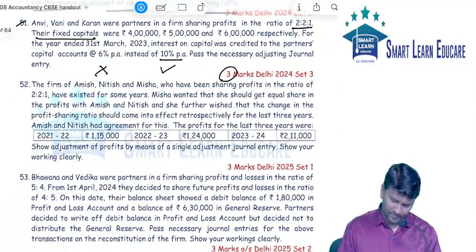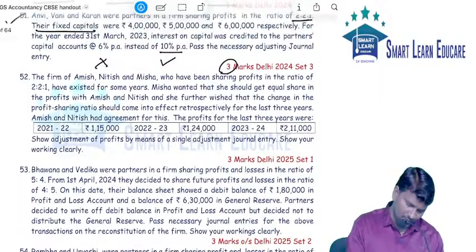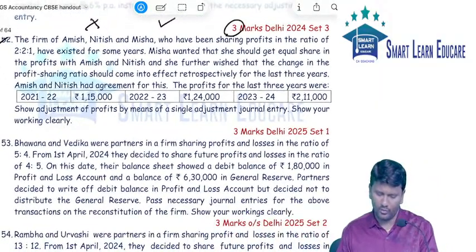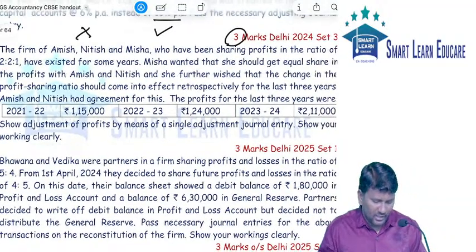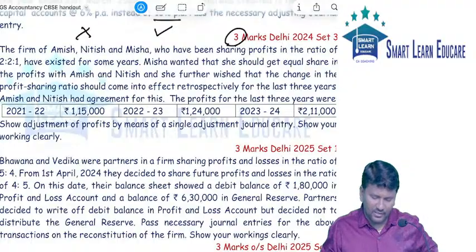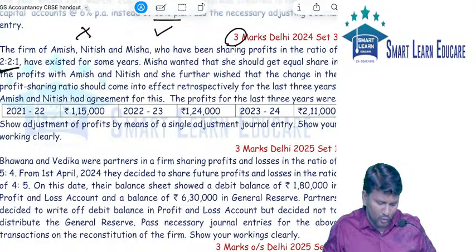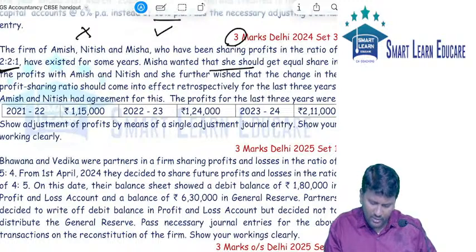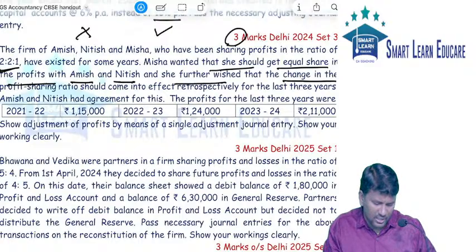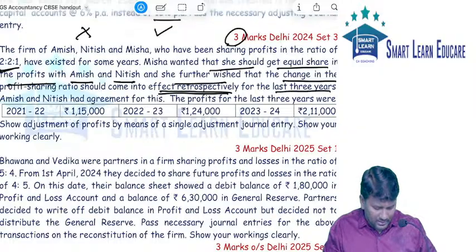Next question, question number 52. The firm ANMR partners, profit sharing ratio 2:2:1, have existed for some years. M wanted that she should get equal share in profit with A and N, and she further wished that the change in profit sharing ratio comes into effect retrospectively for the last 3 years.